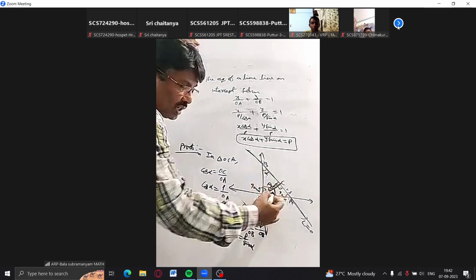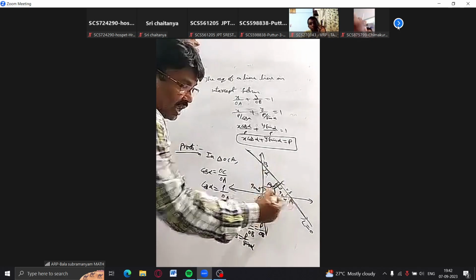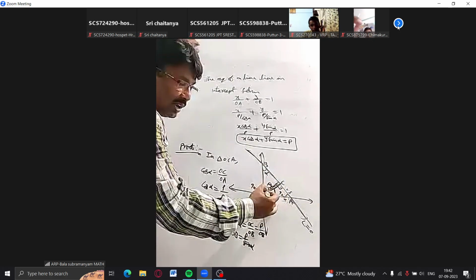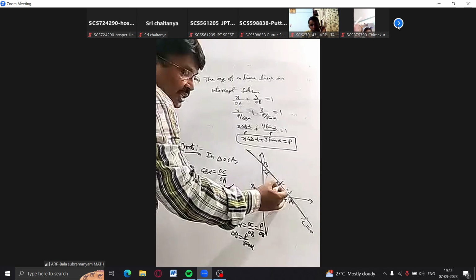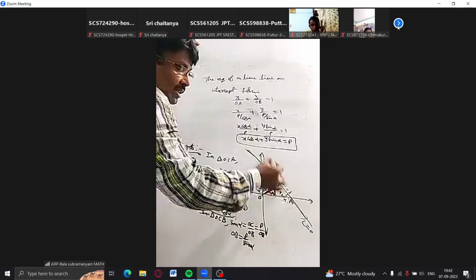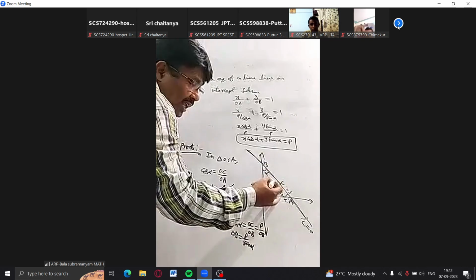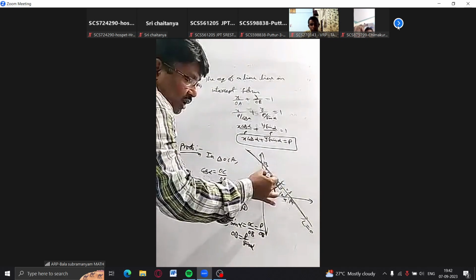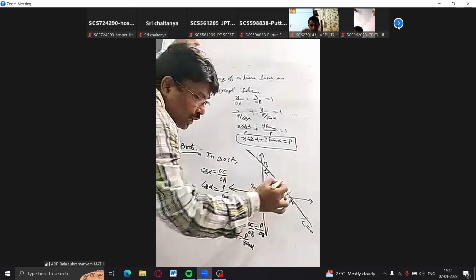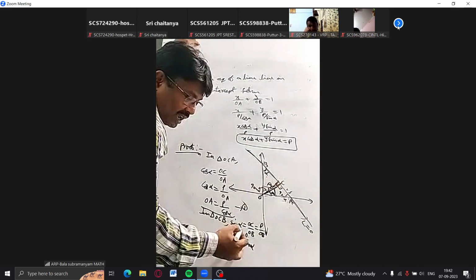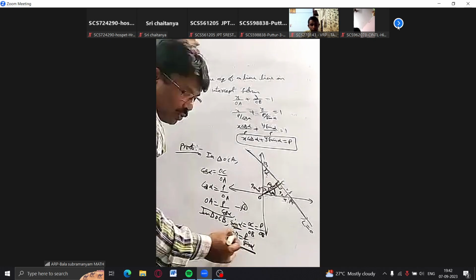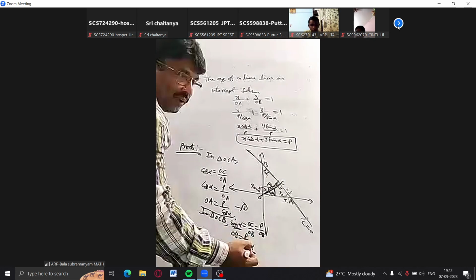Angle at C is 90, given angle AOC is alpha, so the remaining angle is 90 minus alpha. The sum of the angles in a triangle is 180, so angle at B is alpha. From triangle OCB, find sin alpha. From this, OB is equal to P by sin alpha.